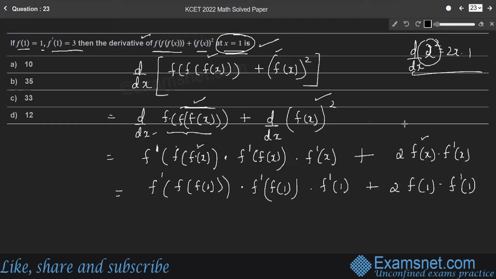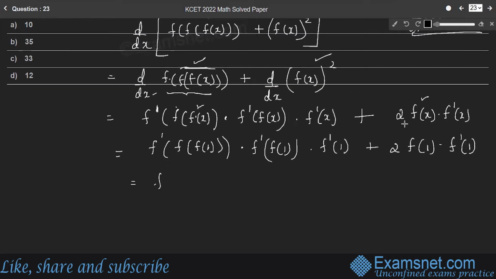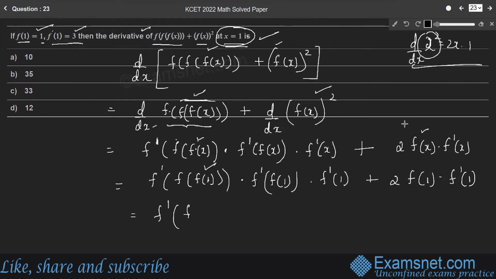Here f of 1 is equal to 1 and f dash 1 is 3. Substitute the values. So f dash of f of 1 is f dash of 1, again 3.